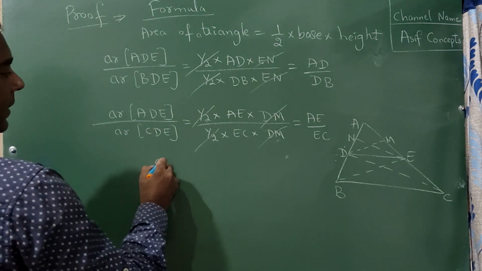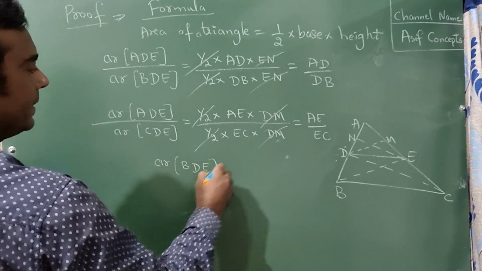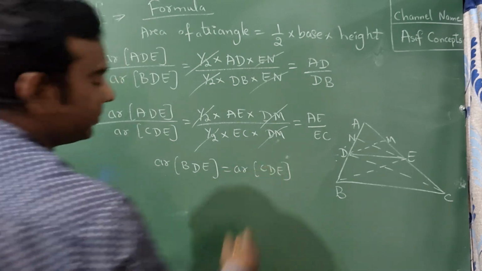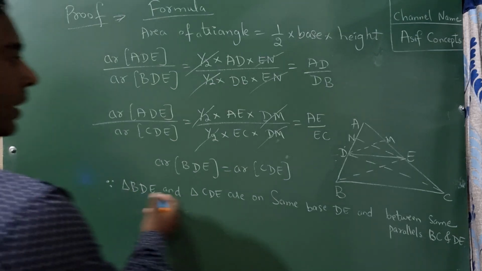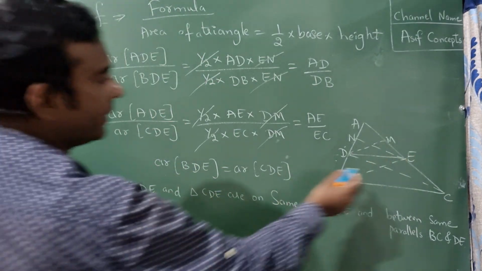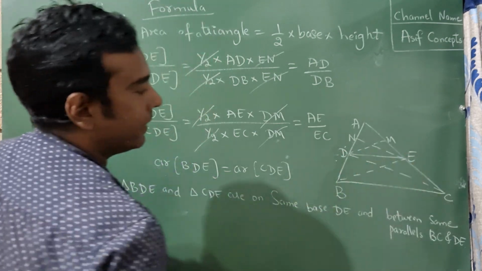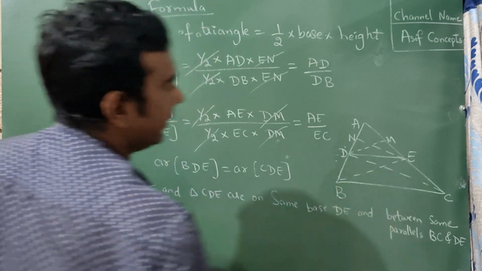Now what I can write is area of triangle BDE is equal to area of triangle CDE. Now BDE and CDE are on the same base, that is DE, and between the same parallels, that is BC and DE.